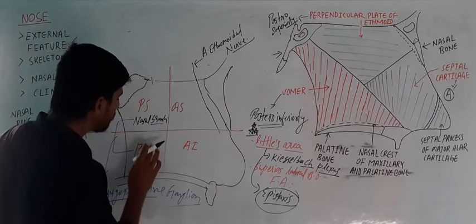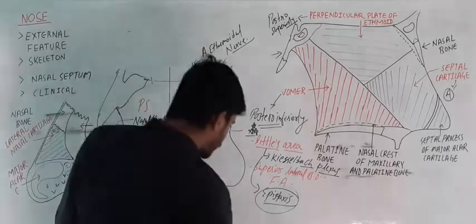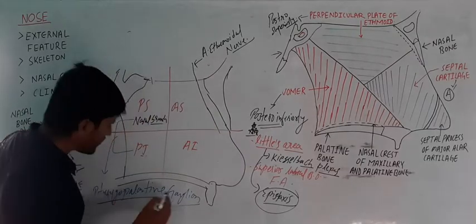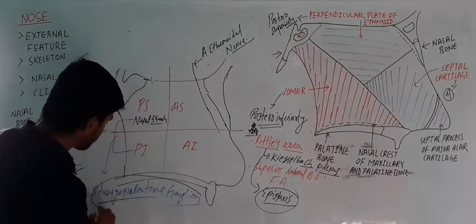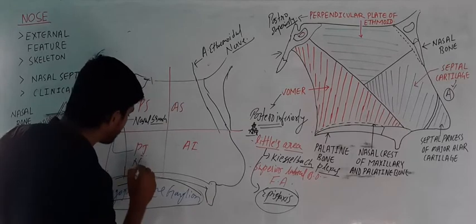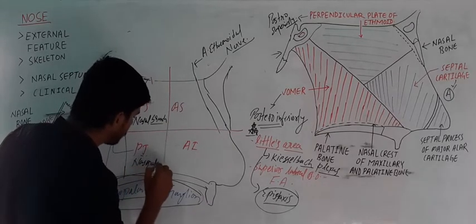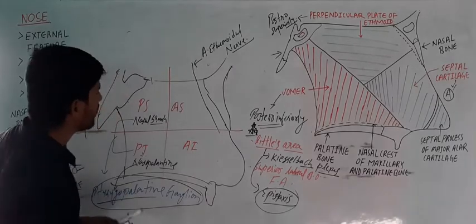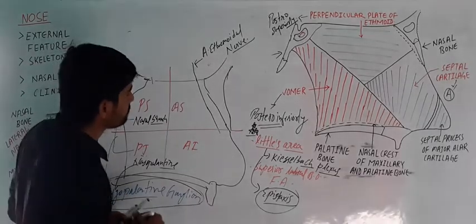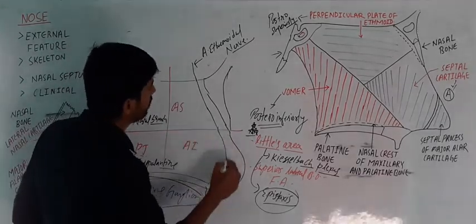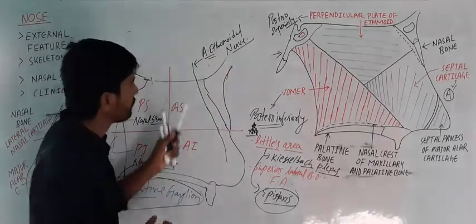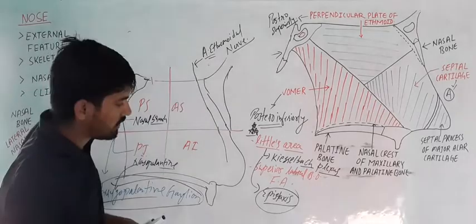Palate. So the nasopalatine nerve is a branch supplying from only the pterygopalatine ganglion, the nasopalatine branch of the pterygopalatine ganglion. So this is the supply of these things, okay? And other things.